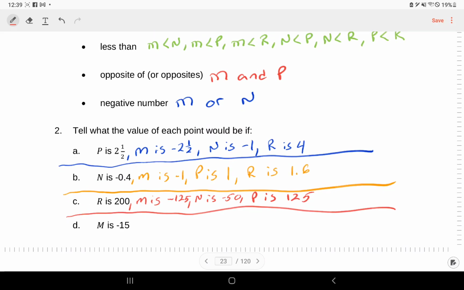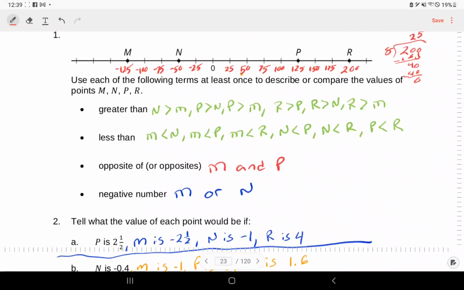And notice that since we said M and P are opposites, P is 2.5, M is negative 2.5. M is negative 1, P is 1. M is negative 125, P is positive 125. They keep being the opposite of each other.